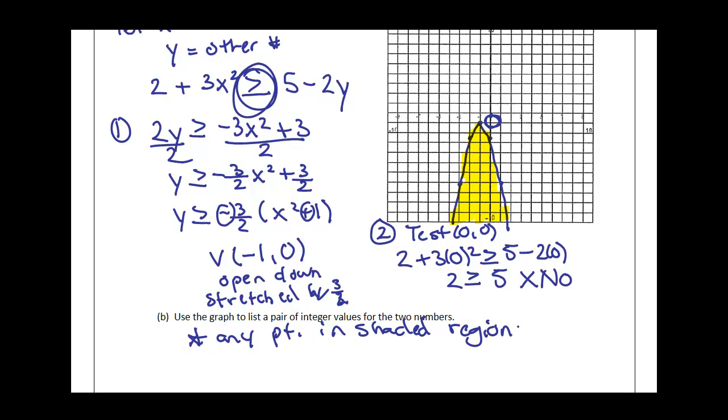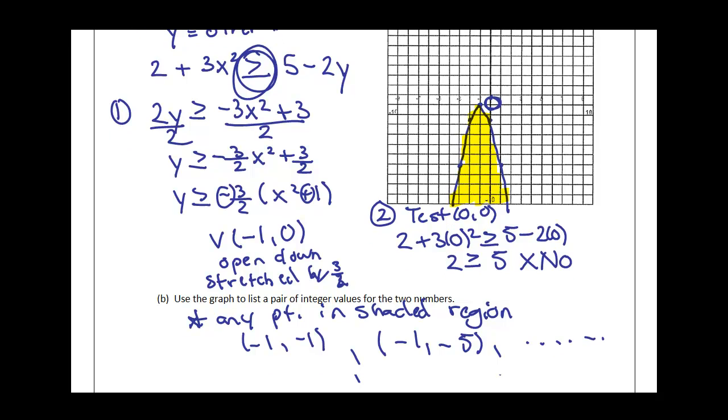So for example, a point in the shaded region is negative 1 and negative 1. Another point could be negative 1 and negative 5. And the list just keeps going on and on. There are many possible solutions that we could choose from. So those are just a couple examples. Excellent. Great work.